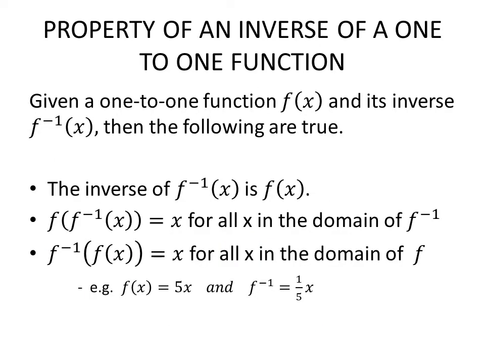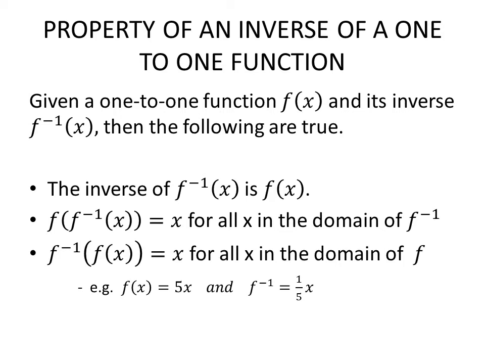Property of an inverse of one-to-one function. Given a one-to-one function of x, and its inverse, the inverse function of x, then the following are true. The inverse of the inverse function of x is actually the function of x.